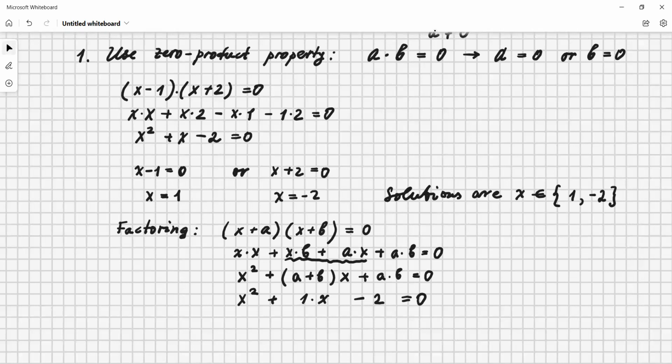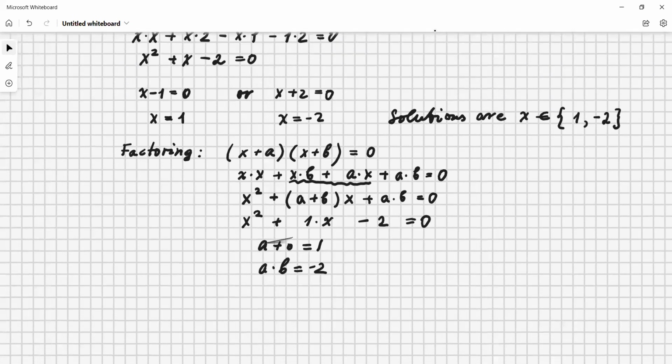We see that a plus b, if they were two numbers added to x in a factored form, must make a sum equal to 1. So a plus b must be equal to 1. On the other hand, a multiplied by b is supposed to be equal to -2. Now we have to think up two numbers which make a product of -2 and a sum of 1.